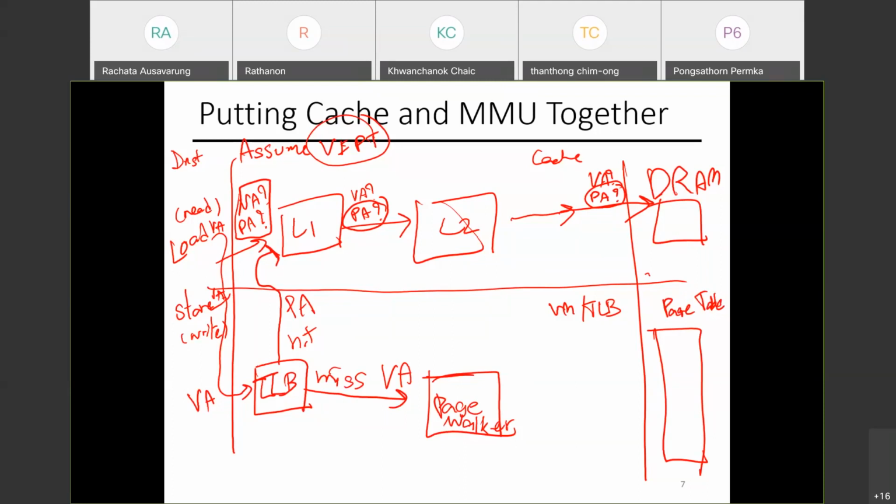Yes, so when you do this walking, let's say you have a two-level page table. Let's assume two levels so that I don't have to draw too many arrows. First level, go here. You get the PTE of the first level.